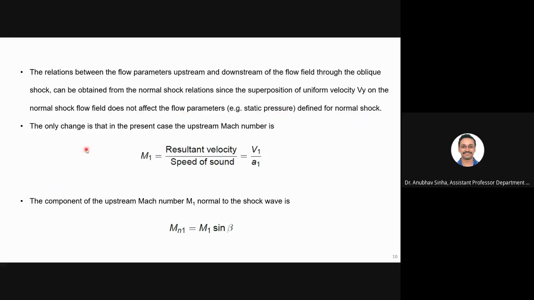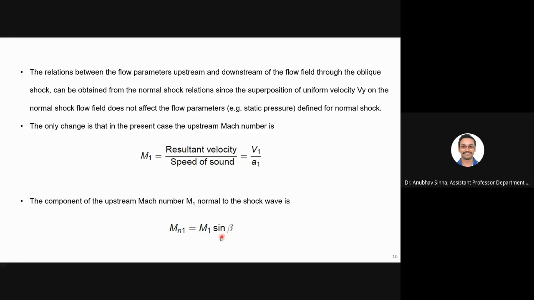And the only change is, instead of this M1, which is for normal shock, for oblique shock you now have one angle also. So instead of M1, you will use the upstream normal component of the Mach number, which relates to this angle.